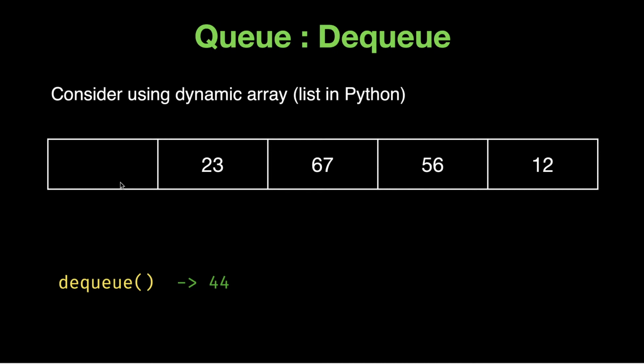This needs to be filled, because all the elements should be stored contiguously in a dynamic array. So 23 needs to be shifted 1 position backwards, 67 needs to be shifted 1 position backwards, and 56 and 12, all of these elements should be shifted 1 position backwards. That is why this algorithm is O(n) while using a dynamic array.